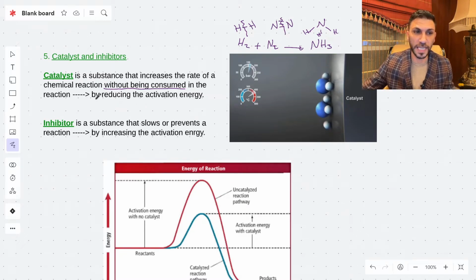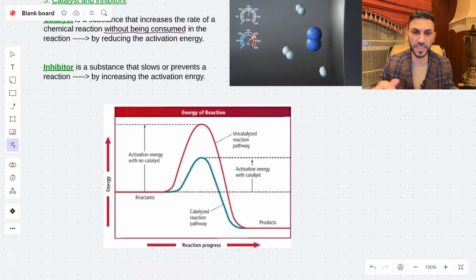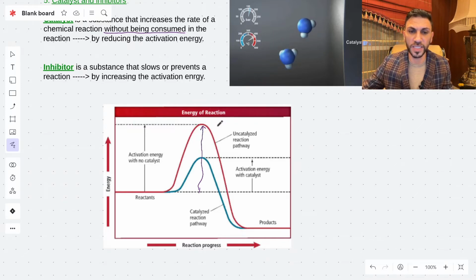Now, to understand how the catalyst reduces the activation energy, and how the inhibitor increases it, let's take a look at this diagram. Here is the energy, the x-axis, and you can see the red reaction is without catalyst. And the activation energy is from this point, because here is the energy of the reactants, all the way to this point. Here is the activation energy without a catalyst.